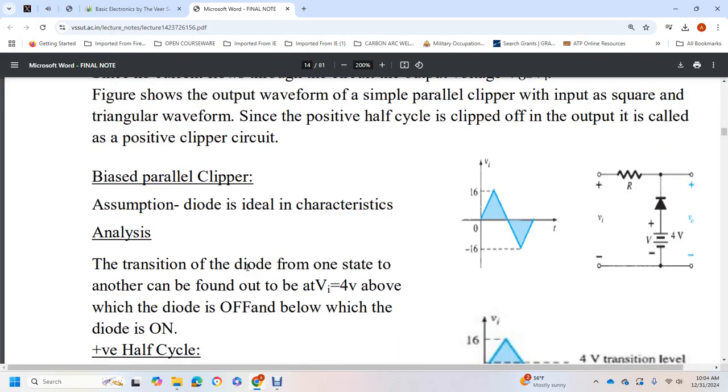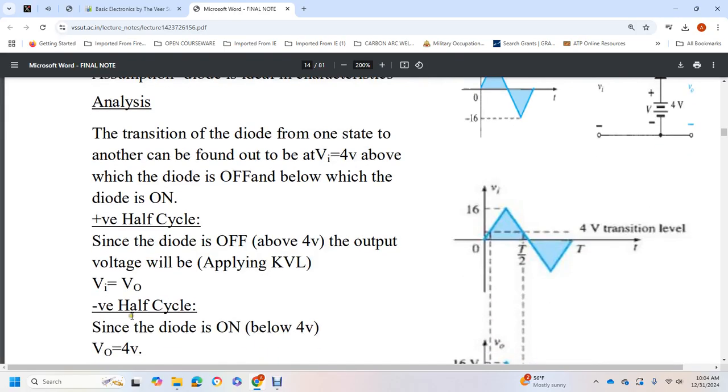Biased parallel clipper, assuming the diode has ideal characteristics. Analyze the transition of the diode from one state to another, found when the input voltage is 4 volts. Above that, the diode is off, and below that, the diode is on.